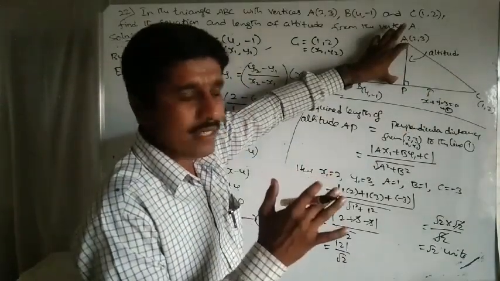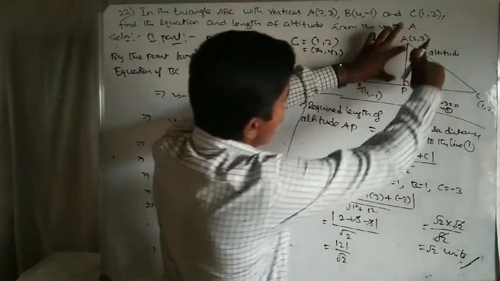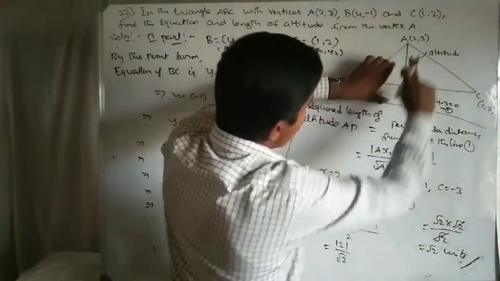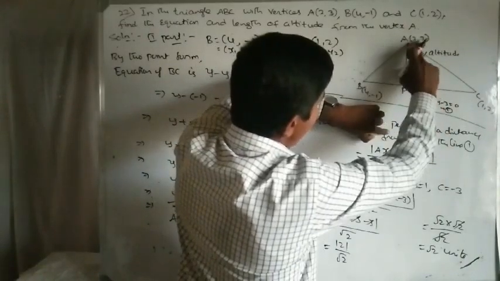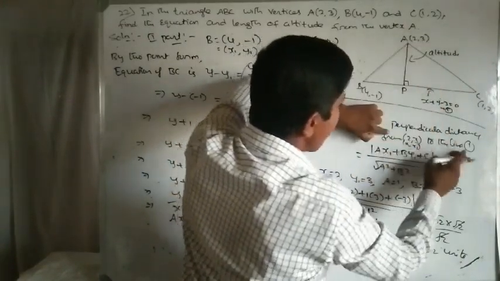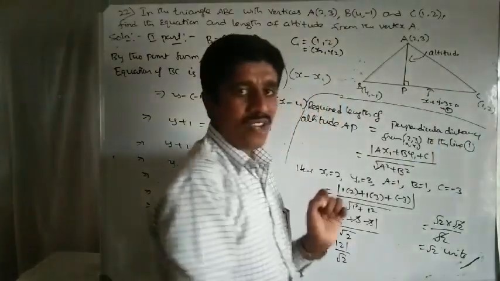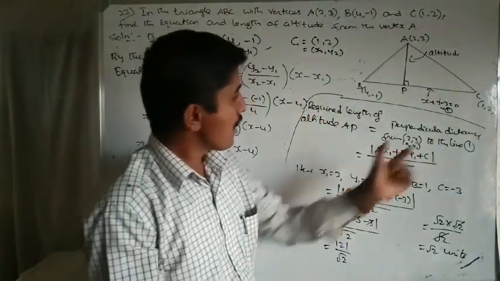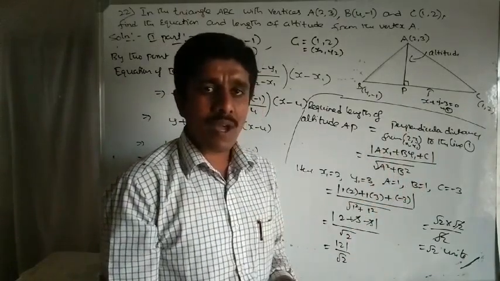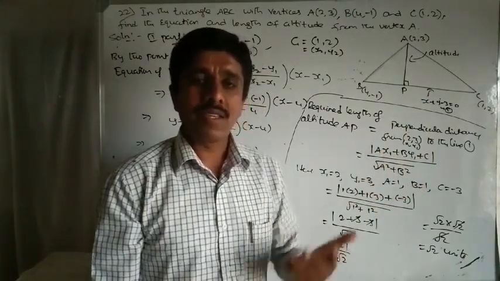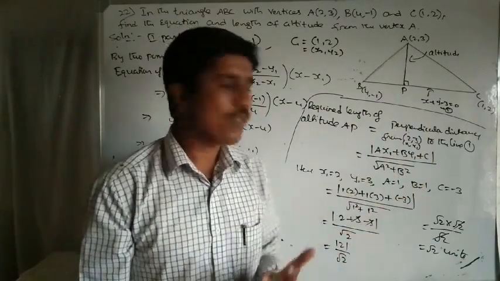We have to find this length. The length of this altitude AP is equal to the perpendicular distance from point 2 comma 3 to line 1. Perpendicular distance formula: modulus of ax1 plus by1 plus c divided by square root of a square plus b square.